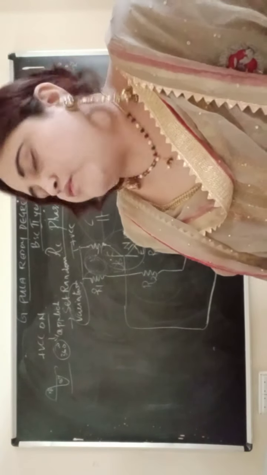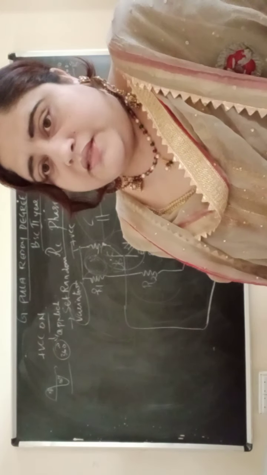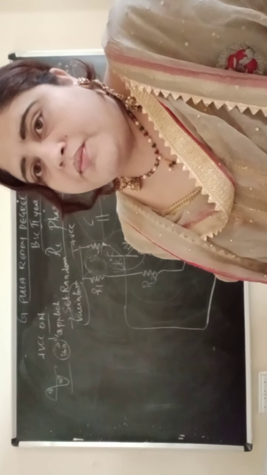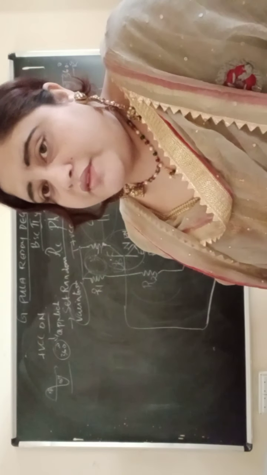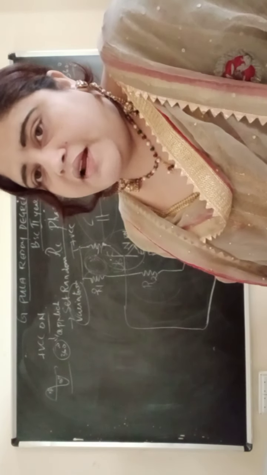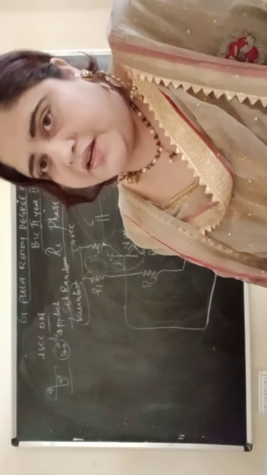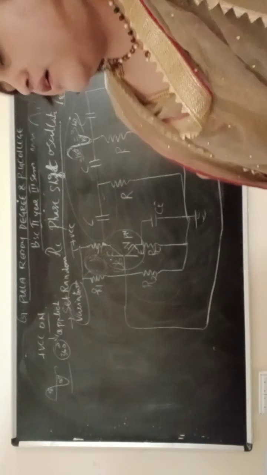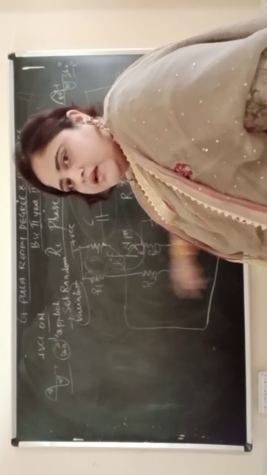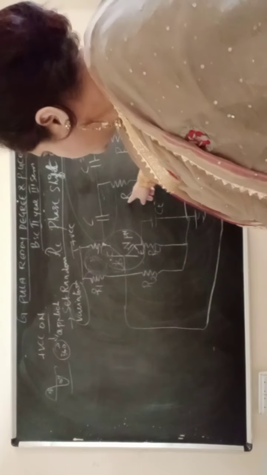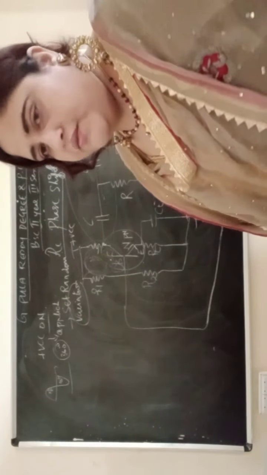Then finally we went for the operation of the RC phase shift oscillator. In operation, when VCC is applied, there is a random variation in the base current. These variations in the current will be amplified in the collector circuit. After amplification, it will pass to the feedback network.